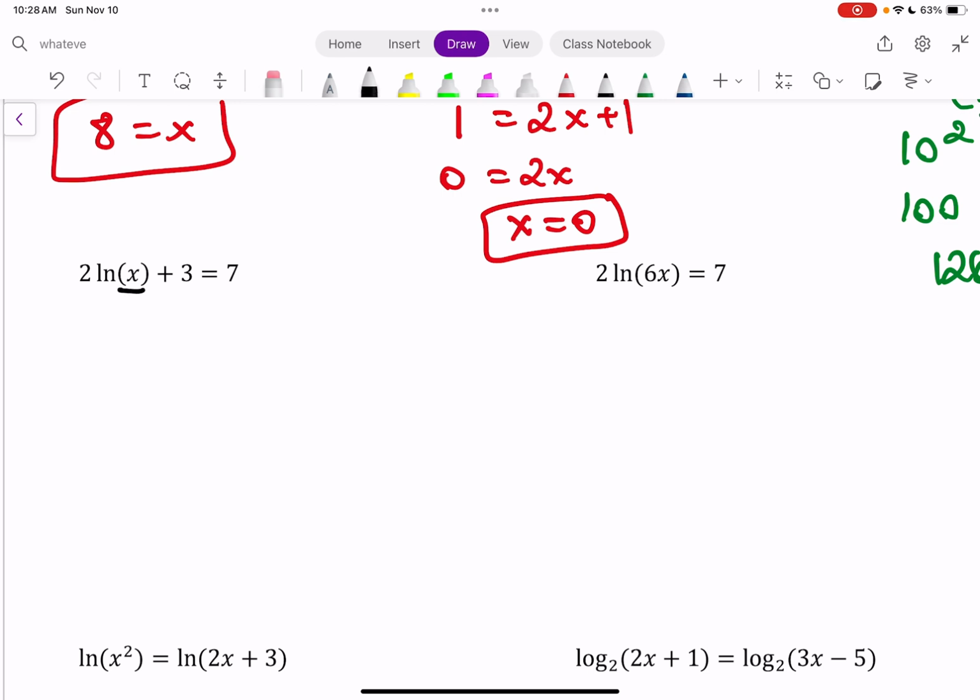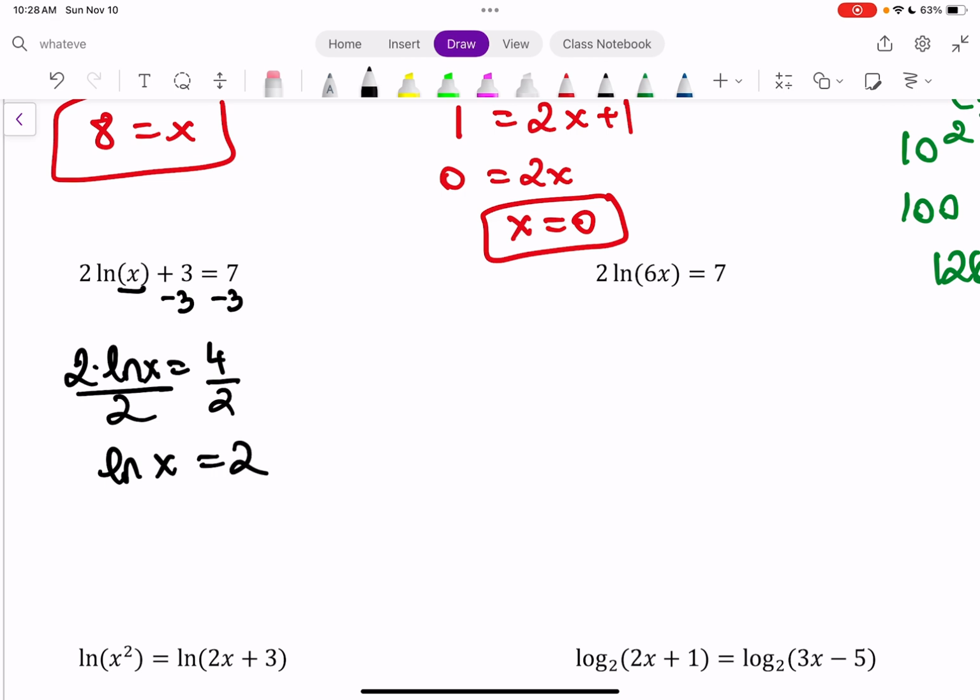So before we get to this x, let's remove everything else that's happened. So minus the 3, divide by 2. And so now again, to get to x, you need to remember the base that is not written is e. So therefore, e to the power of 2 equals x.